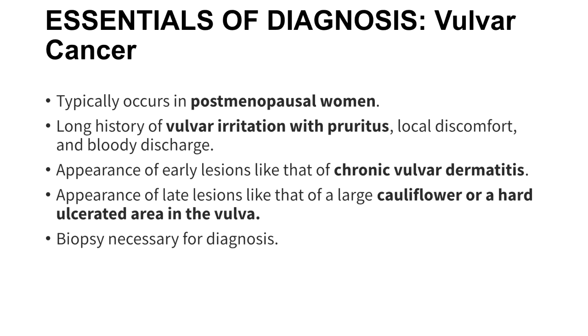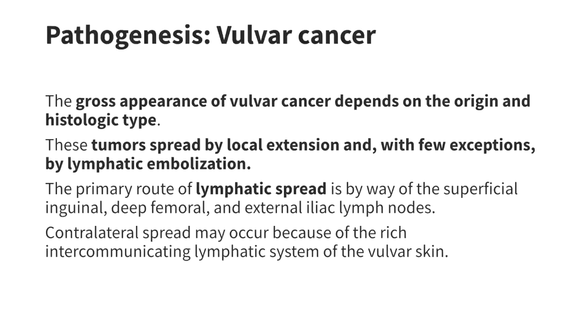Typically, it will occur in postmenopausal women, and the symptoms are going to be irritation plus pruritus. We can also see dermatitis, and some special appearance lesions like cauliflower or hard ulcerated lesions in the area of the vulva. We need a biopsy to diagnose.